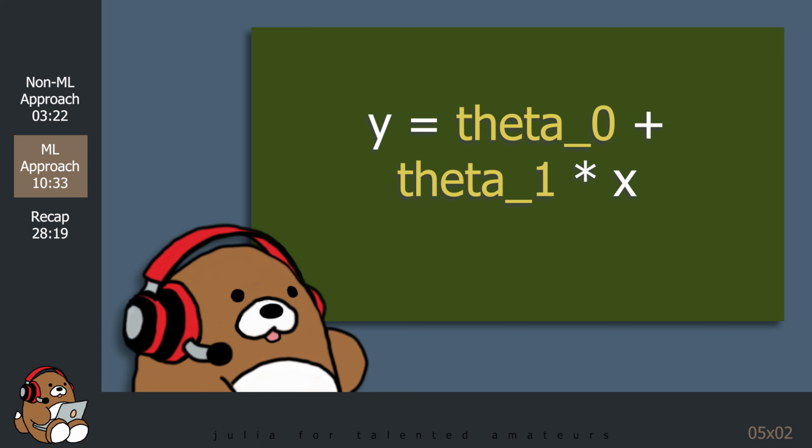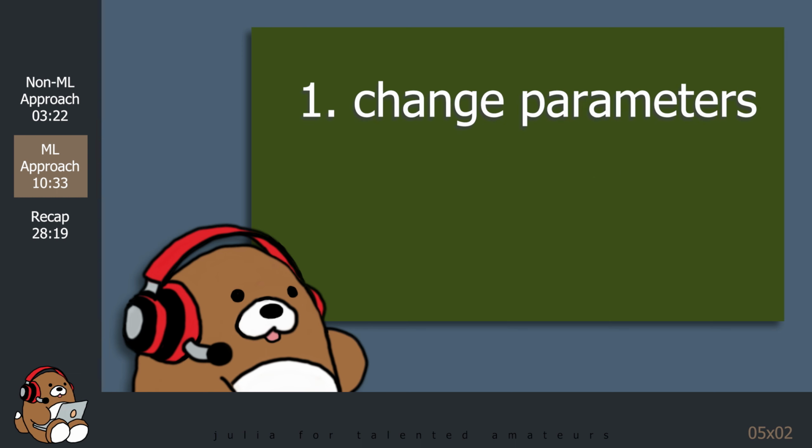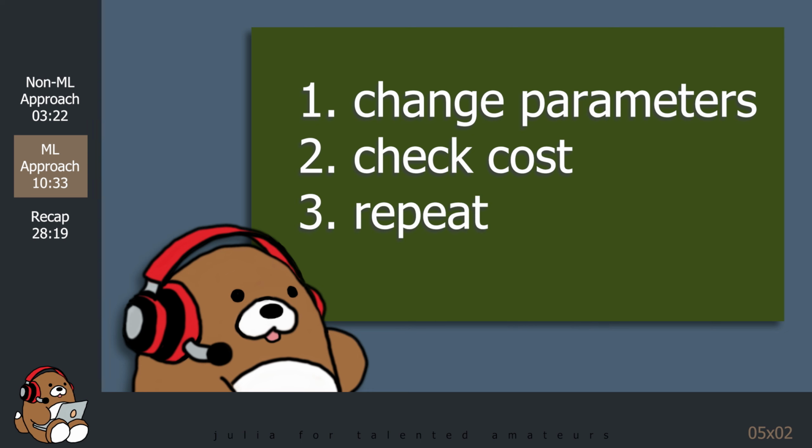Well, we know that we can define any line simply by adjusting the values of the y-intercept and the slope. So we need to set up a process where our computer can make a slight adjustment to the values of both the y-intercept and the slope, and then check to see if that made things better or worse. Based on the result, the computer can make another slight adjustment to the values of both the y-intercept and the slope, and then check again to see if that made things better or worse.